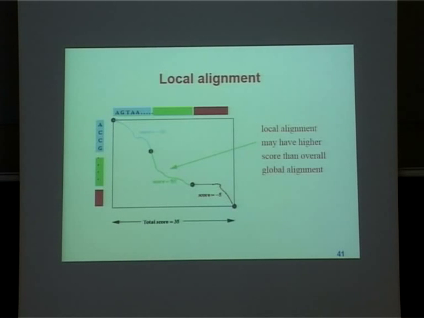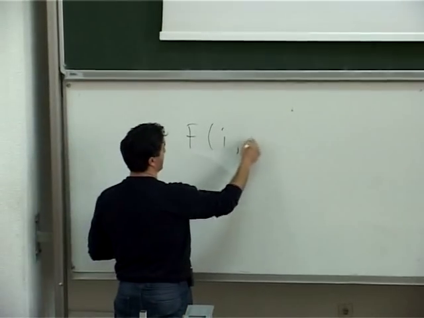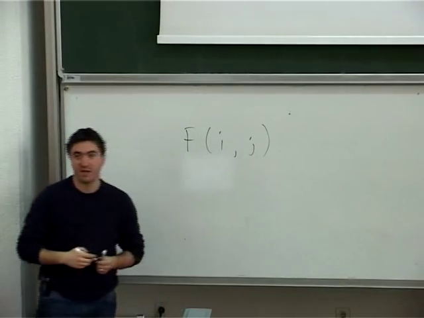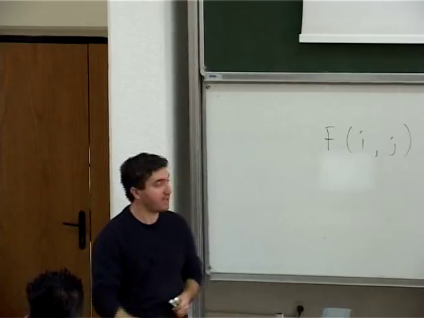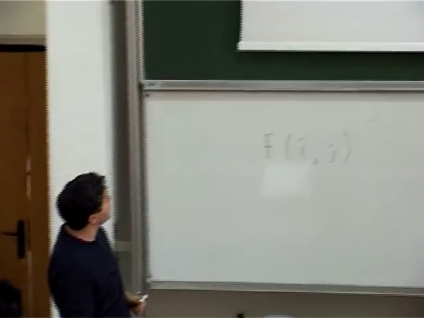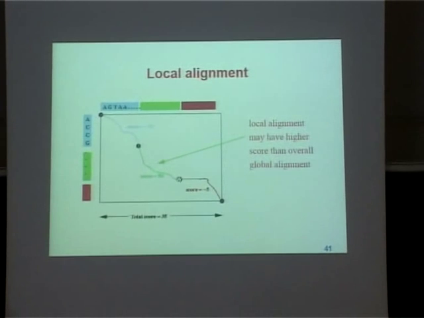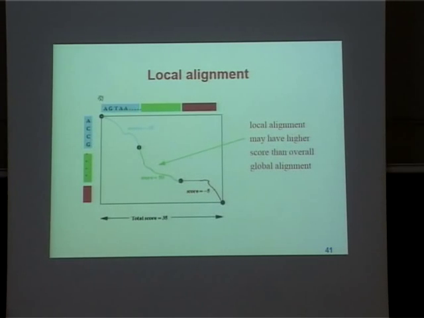Because there's a subsequence in the middle with a score of 50, but this does not agree with our definition of this F, okay? F was the score, and each cell entry, Fij, shows us the best way of aligning the first I characters with the first J characters, so it also includes the blue part.